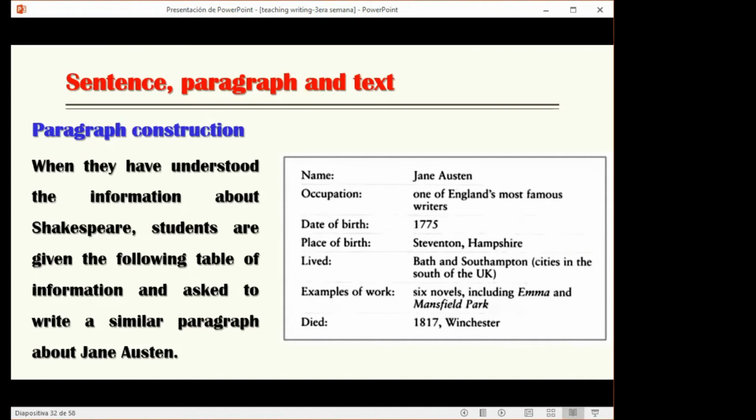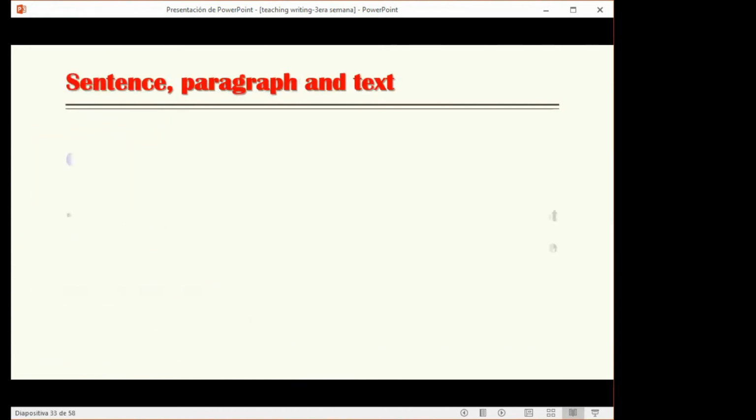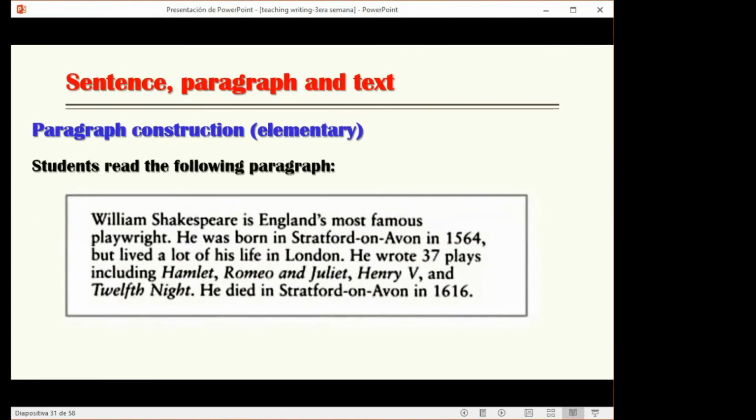Died, 1817, Winchester. So you give this, and they are going to write a similar paragraph about Jane Austen, similar to the one about William Shakespeare. So they start replacing. Notice, this is a substitution drill. William Shakespeare, then Jane Austen.